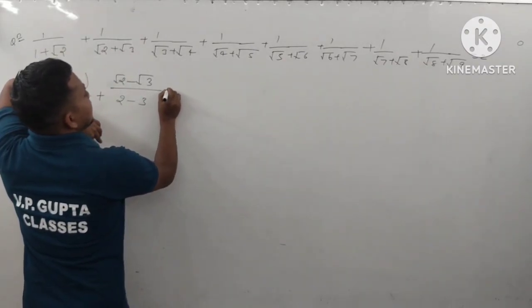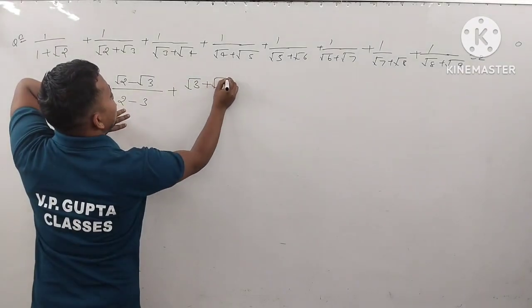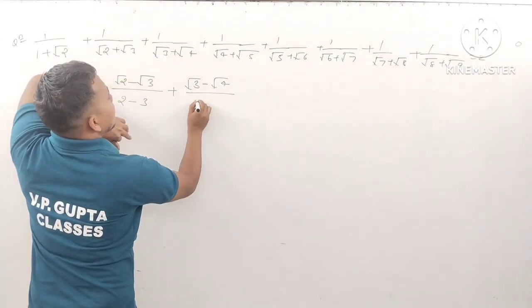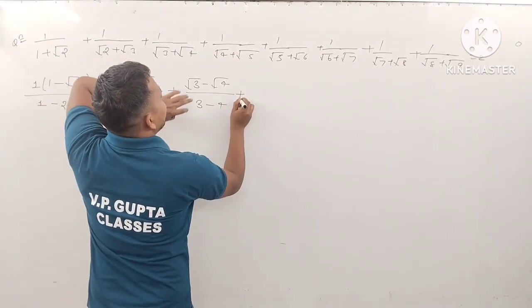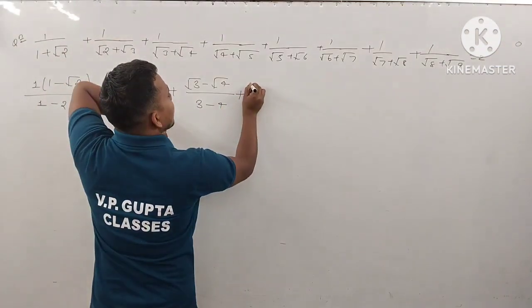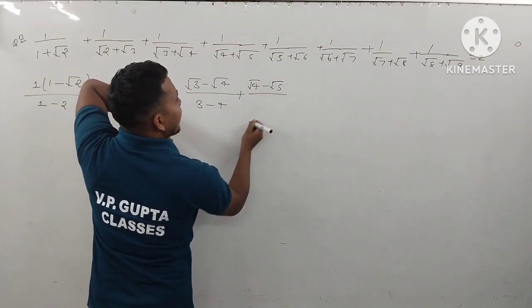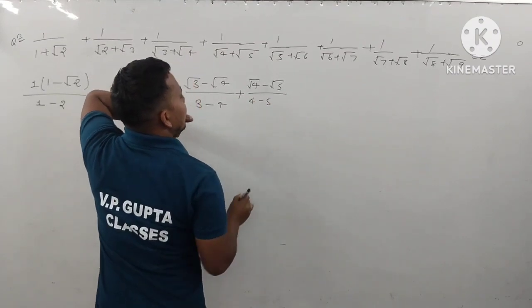Also this is under root 3 minus under root 4, and here 3 minus 4, okay, plus under root 4 minus under root 5 divided by 4 minus 5, okay.